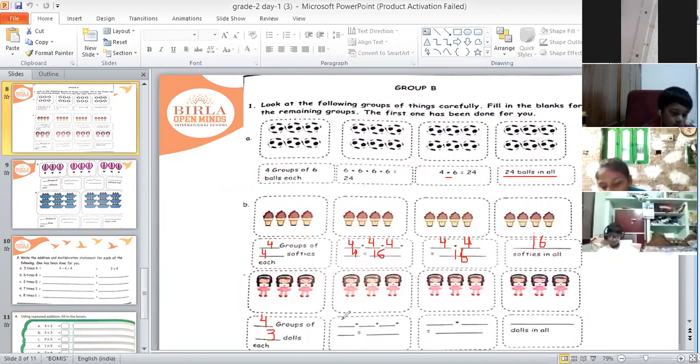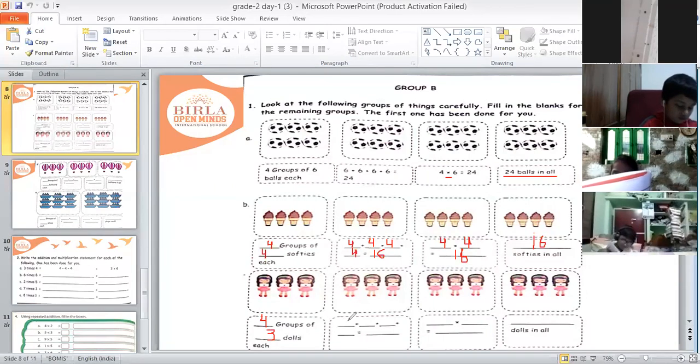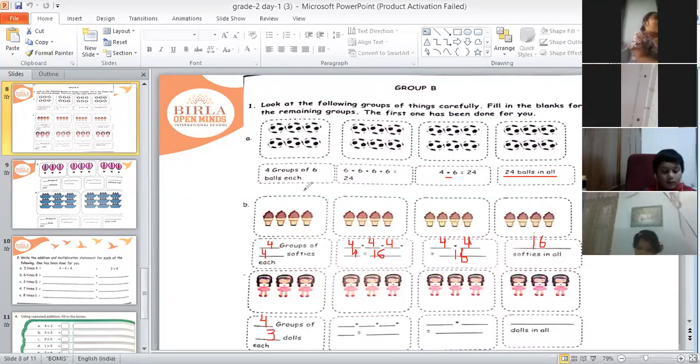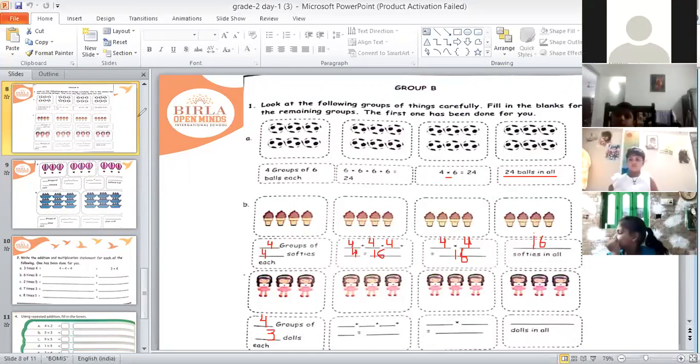In one group, how many dolls are there? 3. So which number will we repeat here? Kartika, which number will we repeat now? 3. Yes. So we will repeat here number 3 because in each group there are 3 dolls.